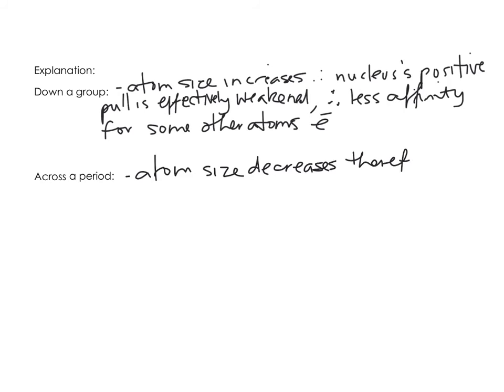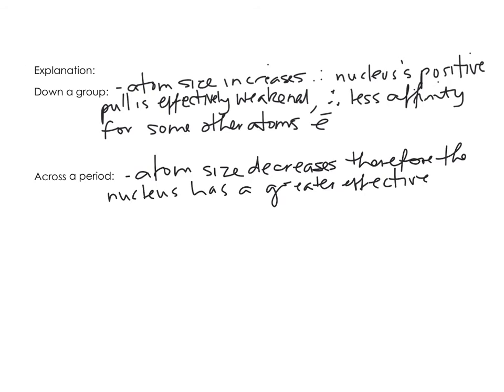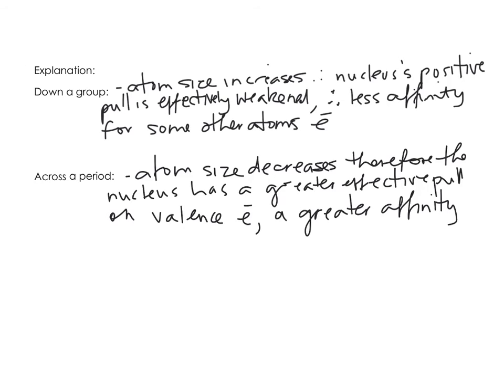Therefore, the nucleus has a greater effective pull on valence electrons, and therefore a greater affinity for another atom's electrons as well.